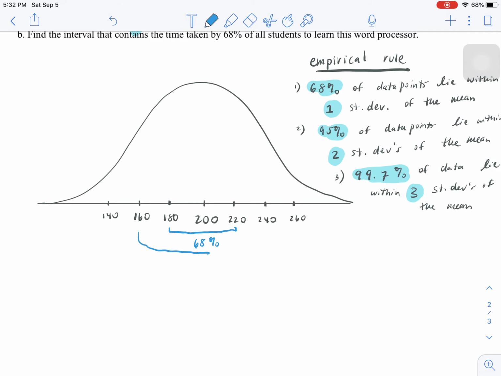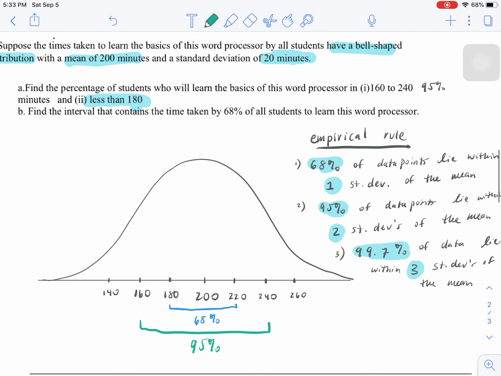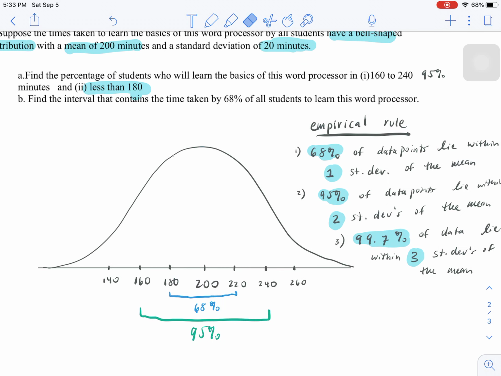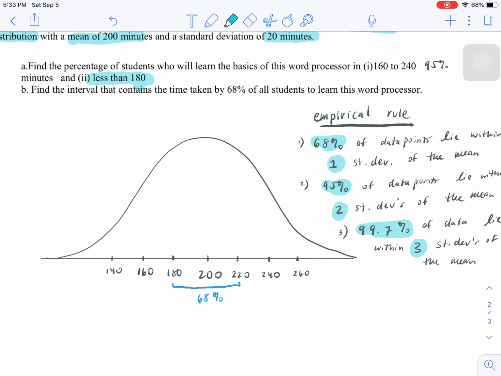From 160 to 240, this is 95%. Actually, I don't need this part. What I want, less than 180, is precisely this shaded area right here. Everything to the left of 180. That represents all numbers less than 180.